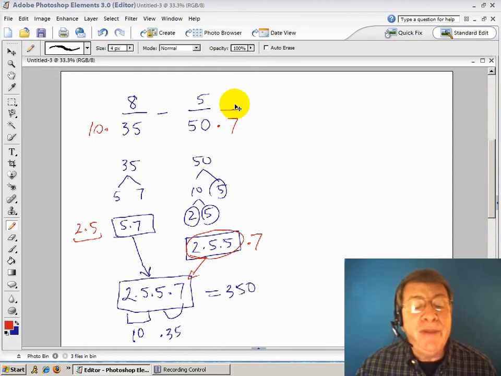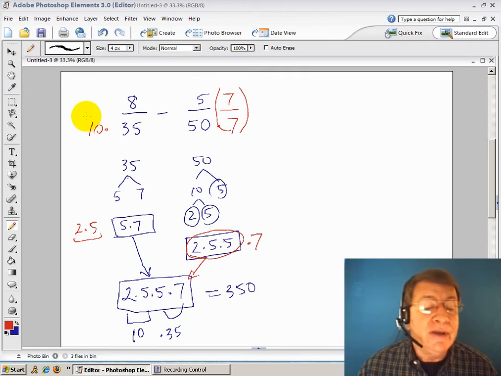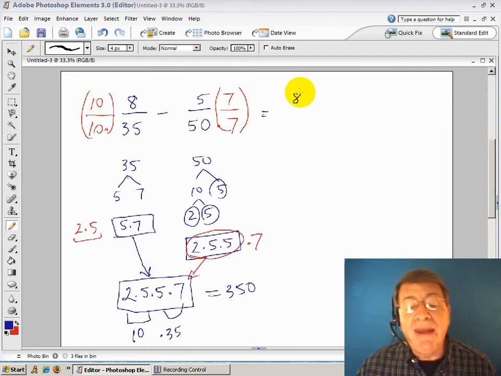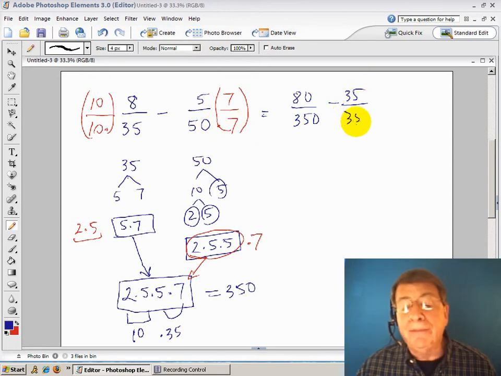So if I multiply the bottom by 7, I need to multiply the top by 7, so we're multiplying this fraction by 1. Similarly, if I multiply the bottom by 10, I need to multiply the top by 10, so I multiply this fraction by 1. What we have left is 8 times 10 is 80 over 350 minus 35 over 350.